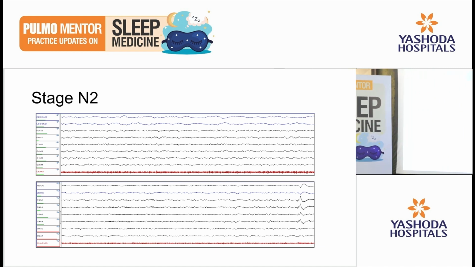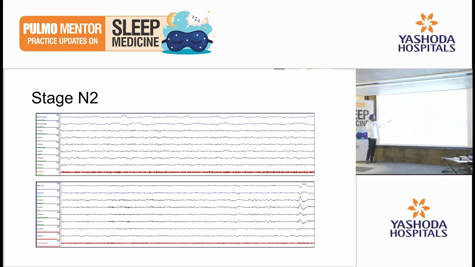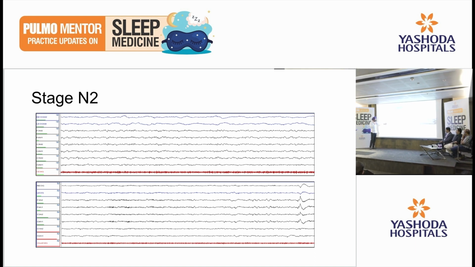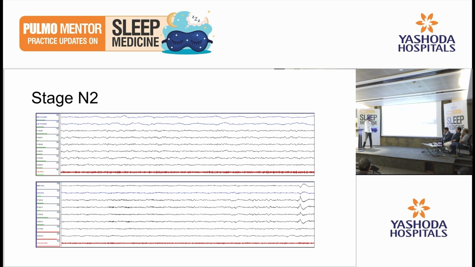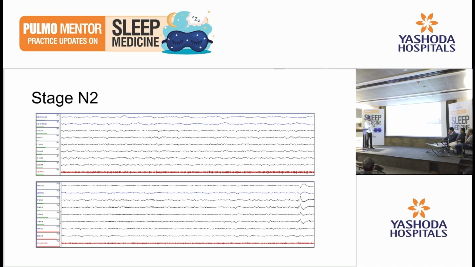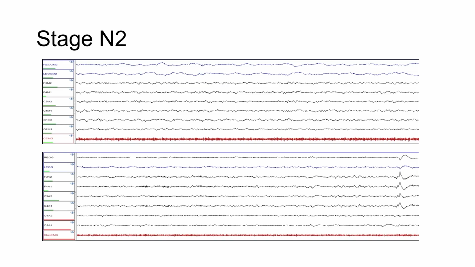The second situation is that you have an epoch of N1 followed by the epoch seen over here. What you see here, there are no spindles or K complexes, but LAMF activity. In the next epoch, you see a K complex towards the last part. In this case, this epoch is N1.